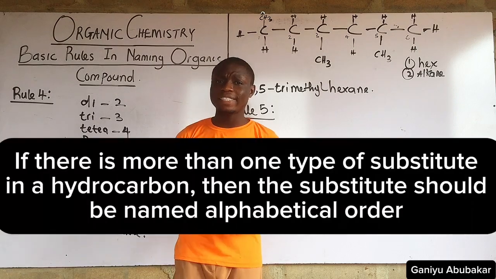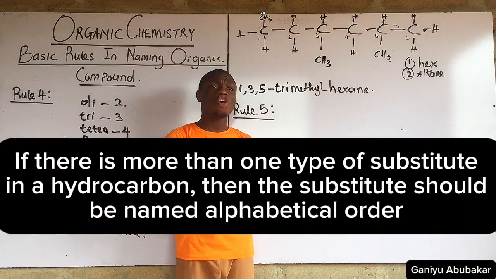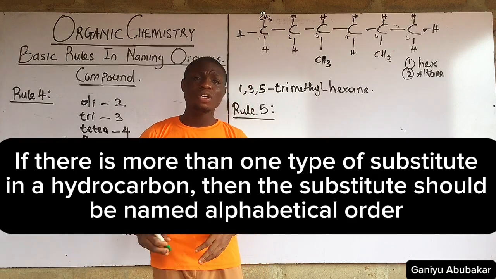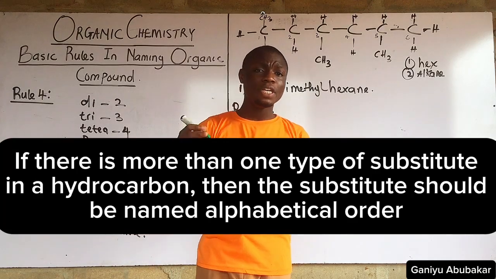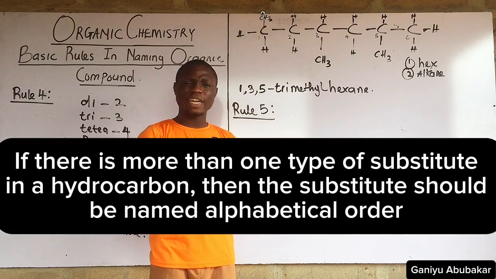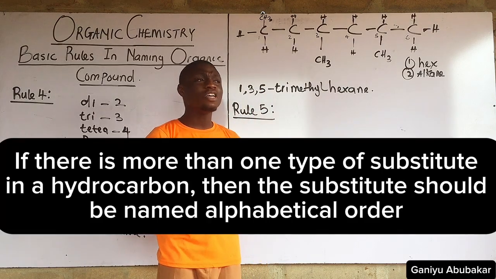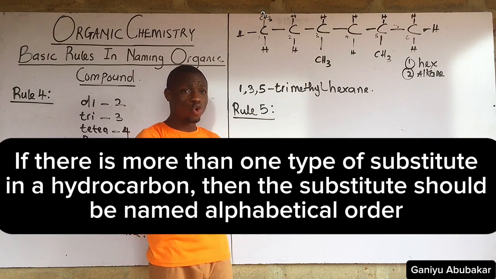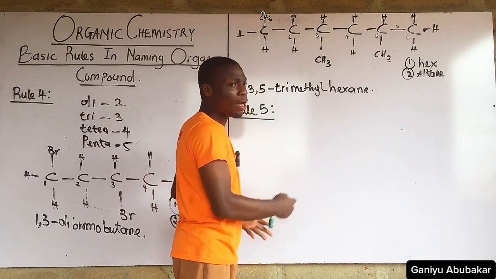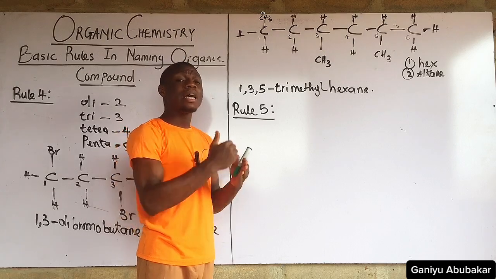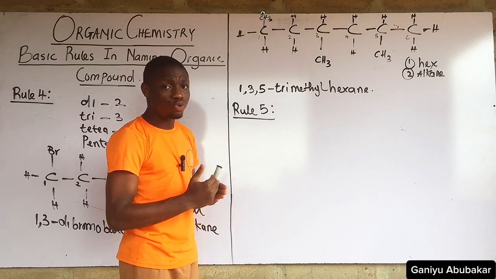Rule 5 says that if the substituents in the organic compound are more than 1 but different, the substituents should be named in alphabetical order. So in an organic compound where I have different substituents such as bromine, fluorine, chlorine, iodine, how do you name that? We said use the concept of alphabetical order to name them.